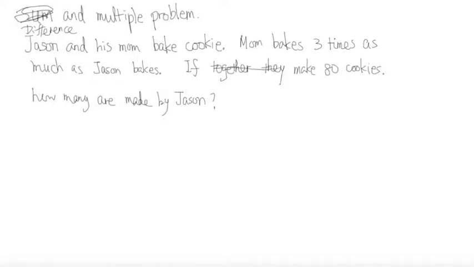Mom makes more, so if Mom makes 80 cookies more than Jason, we just change the problem a little bit. Now we can ask the question again: how many are made by Jason?